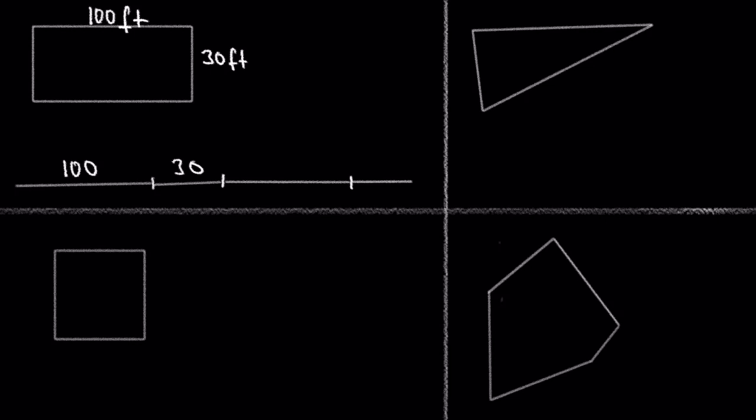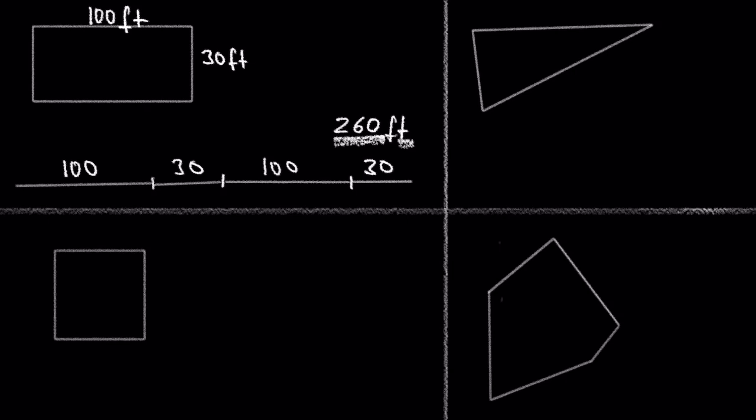Recall that the opposite sides of a rectangle have the same length, so we have again 100. And again 30. So 100 plus 30 is 130, plus 100 is 230, plus 30 is 260. So the perimeter of this rectangle is 260 feet.